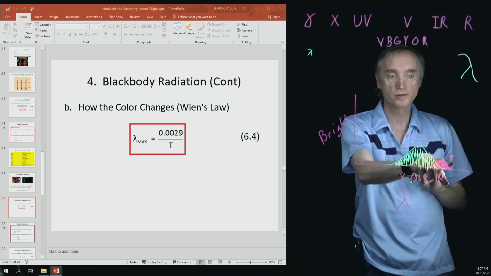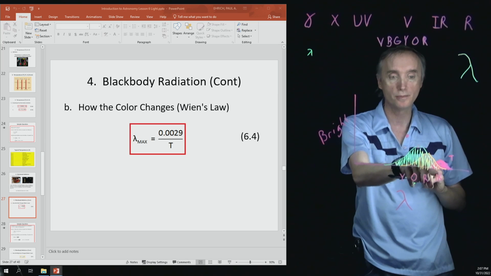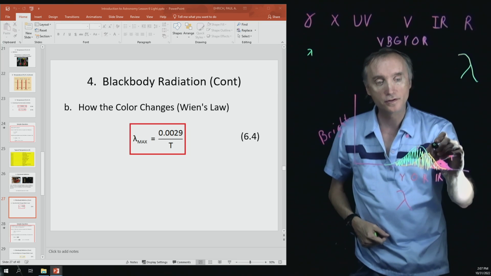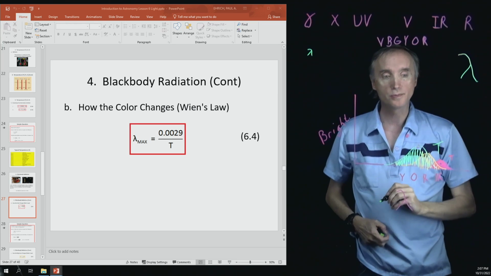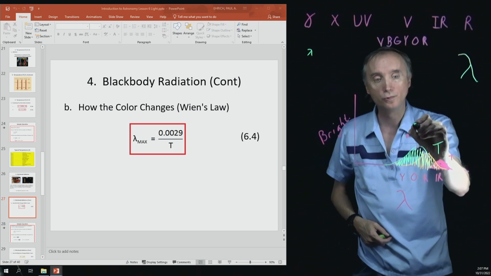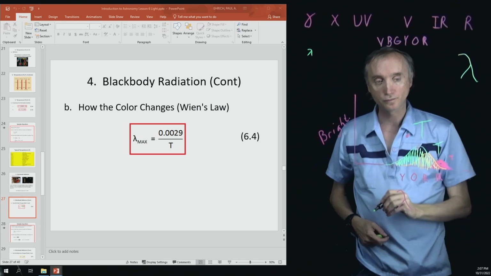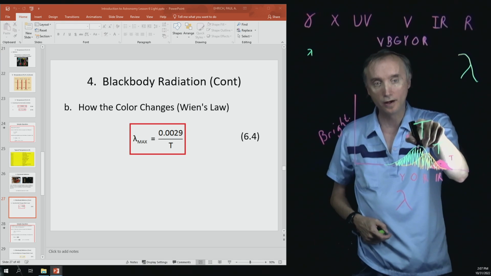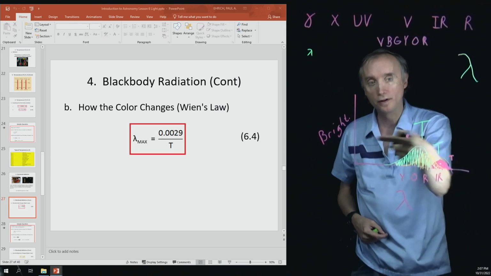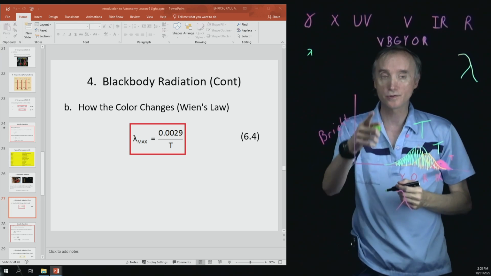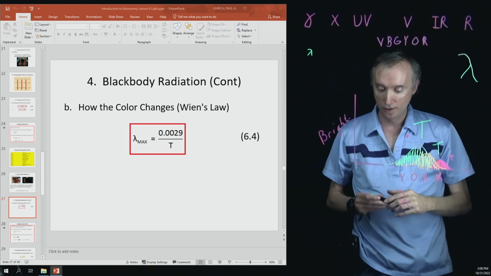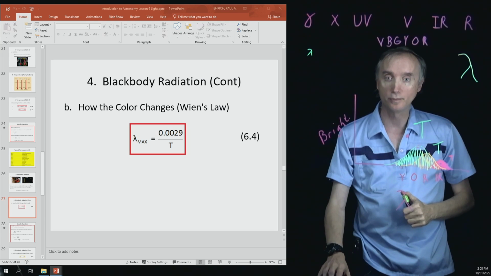This was the small T, small temperature, and it made this hump, and this one would be a medium-sized T, and this one would be a larger T. So as the temperature is going up, the maximum wavelength is shifting in that direction, and that's what that formula says. Okay, now let's do a math problem.